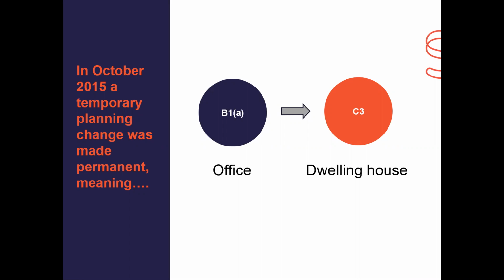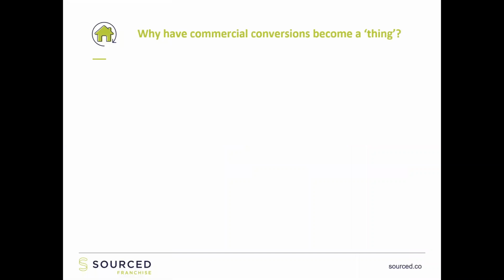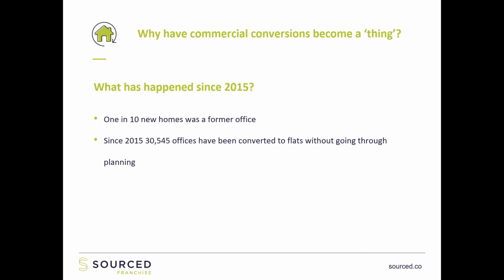You now had certainty that you didn't have any additional cost, any time issues, and no risk in terms of actually being able to convert that building. Since that regulation change in 2015, 1 in 10 new homes is now a former office, just to give you an idea of the scale of how this has been adopted.